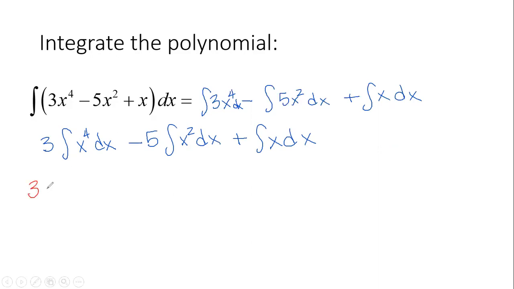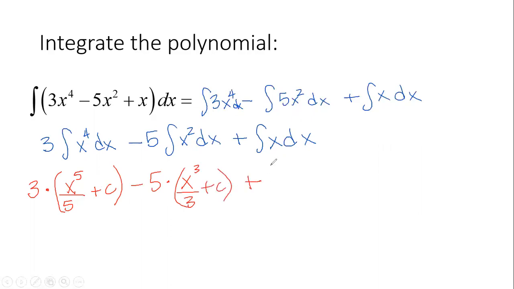We're going to have 3 times, 4 plus 1 is 5, so x to the 5th over 5 plus c. Then we have minus 5 times, 2 plus 1 is 3, so x cubed over 3 plus c. And then we have plus, this is to the 1st power, so 1 plus 1 is 2, x squared over 2 plus c.